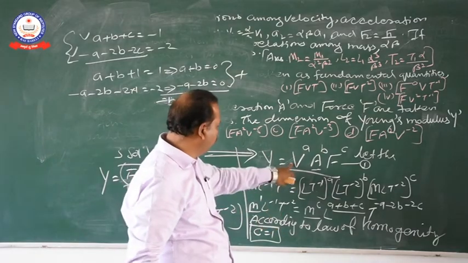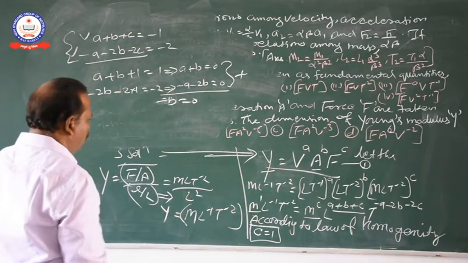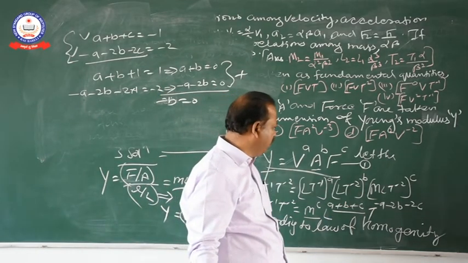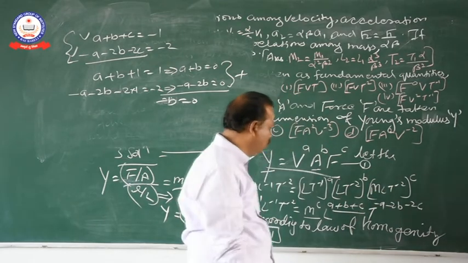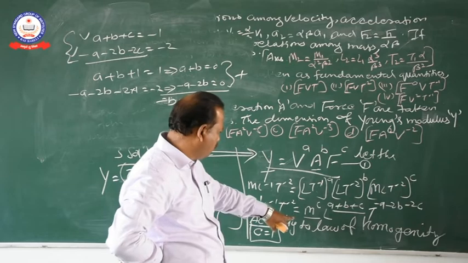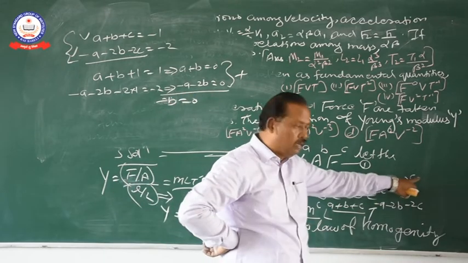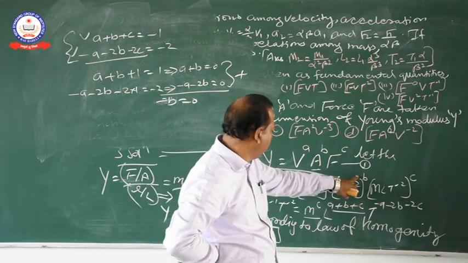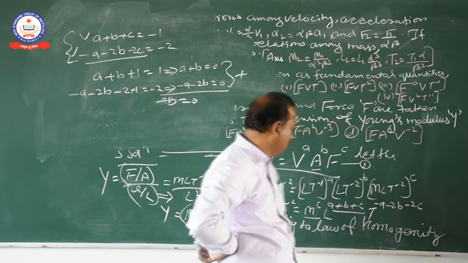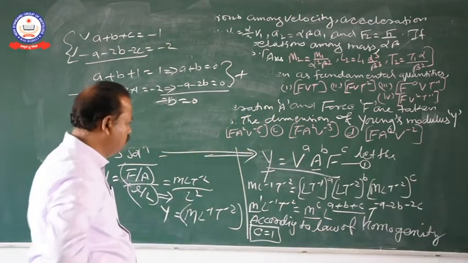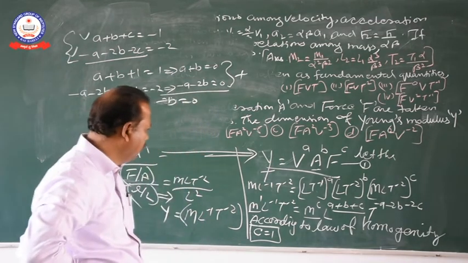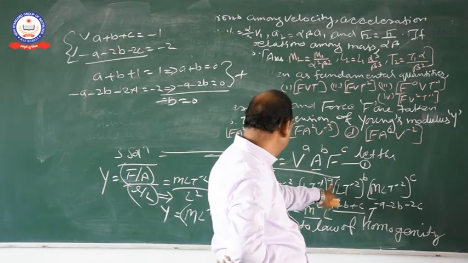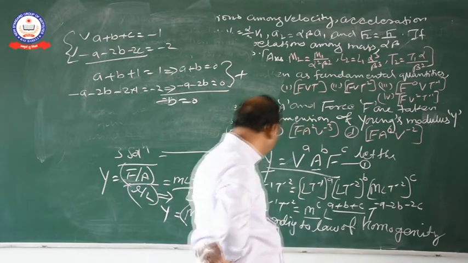So M L raised to power minus 1 T raised to power minus 2. Right? V, velocity L T inverse to power a, L T raised to power minus 2 whole power b, M L T raised to power minus 2 whole power c. Right? M raised to power c, L raised to a plus b plus c, and T raised to minus a minus 2b minus 2c.